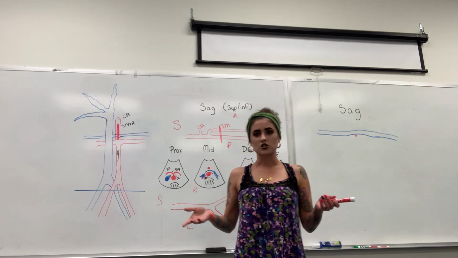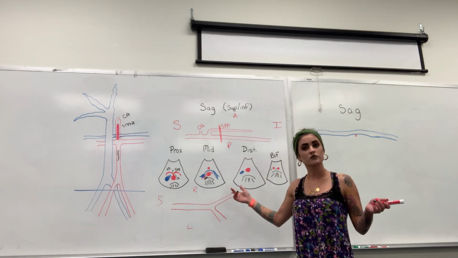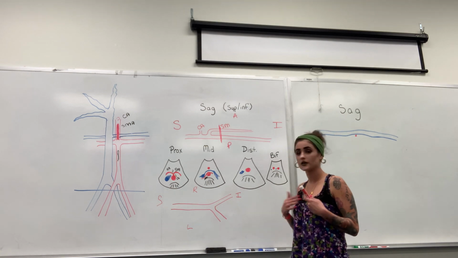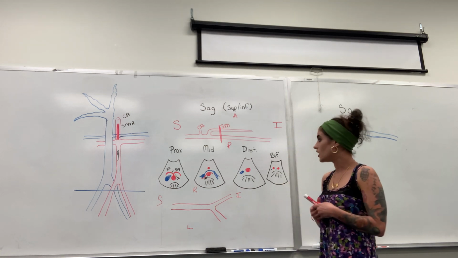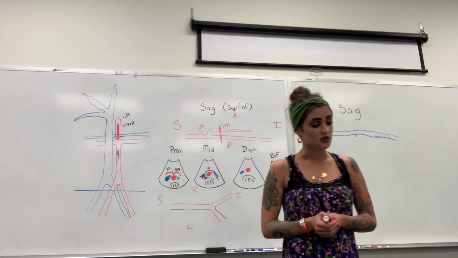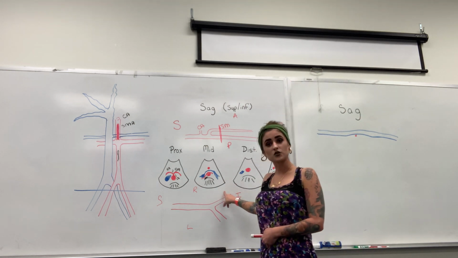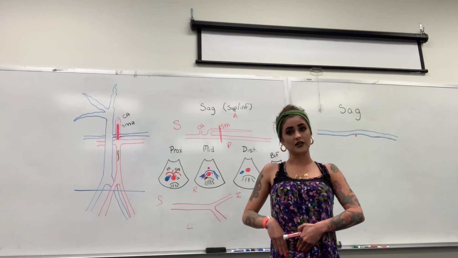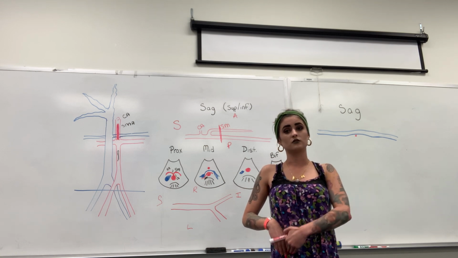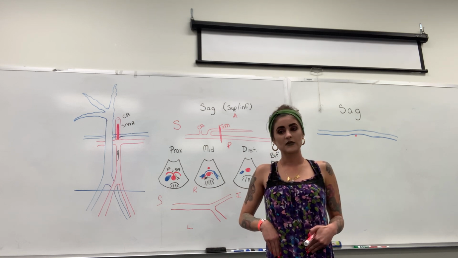So, the question is, which one's which? How do we know? How do I know looking at your images? I don't sometimes. If you come through the right, the top one is going to be the right because technically that's the first one you're going to hit, and then continuing on, you would hit the left iliac.